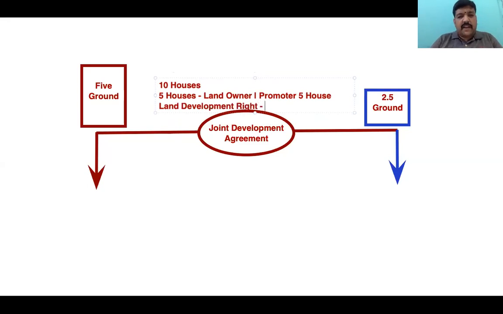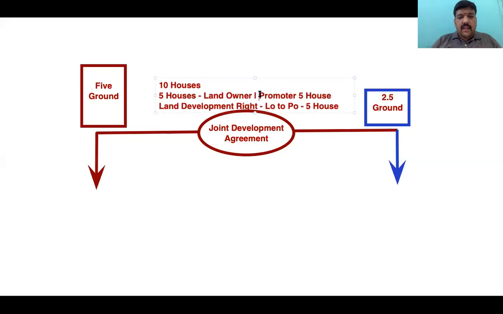This land development right moves from the landowner to the promoter for 5 houses.